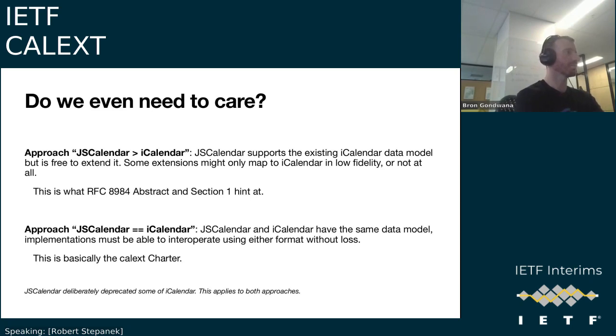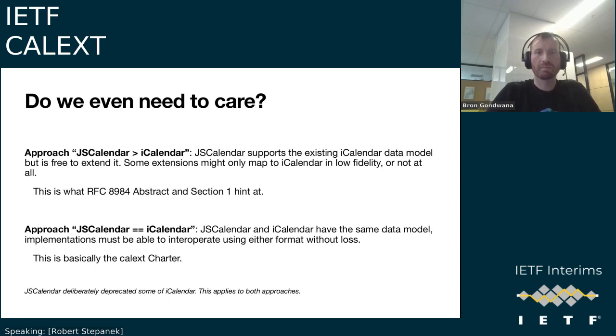The one approach is that JS Calendar supports the existing iCalendar data model, but it's free to extend it. And we might have extensions that are not necessarily representable in iCalendar completely, or probably not at all.